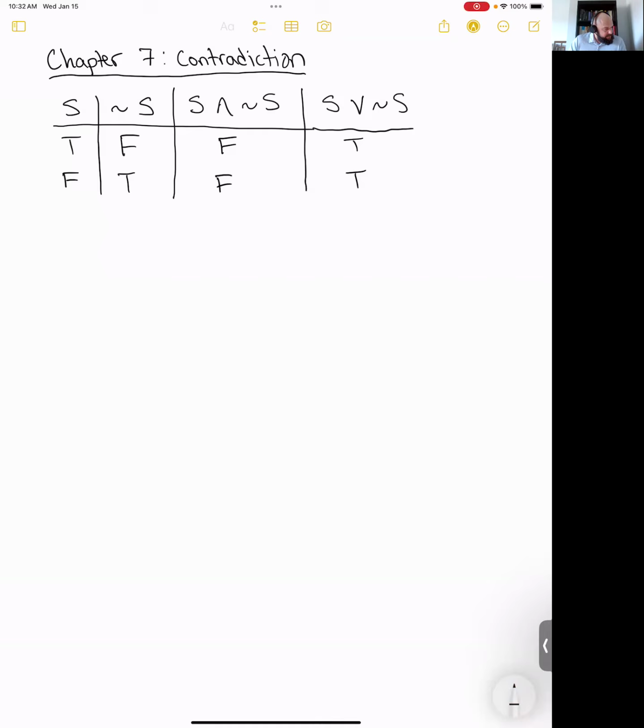But what we want to notice here is that, well, first of all, no statement and its negation can both be true at the same time. That's what the third column says. And also every statement or its negation has to be true.